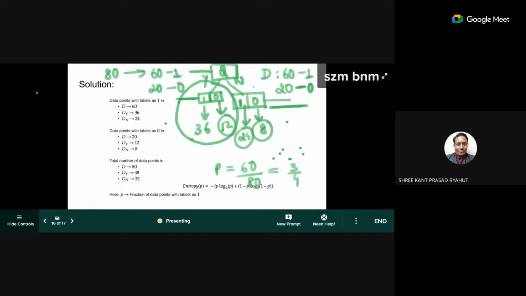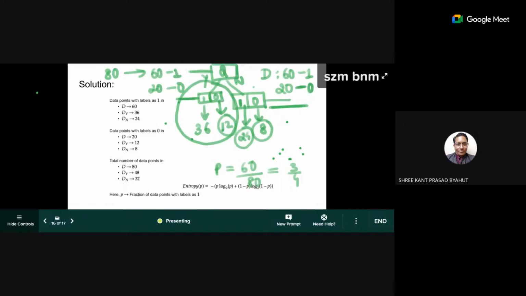In level 1, DS had 48 data points, and in total you have 80. So it is 48 divided by 80. Gamma 60 is level 1, and 20 is level 2.